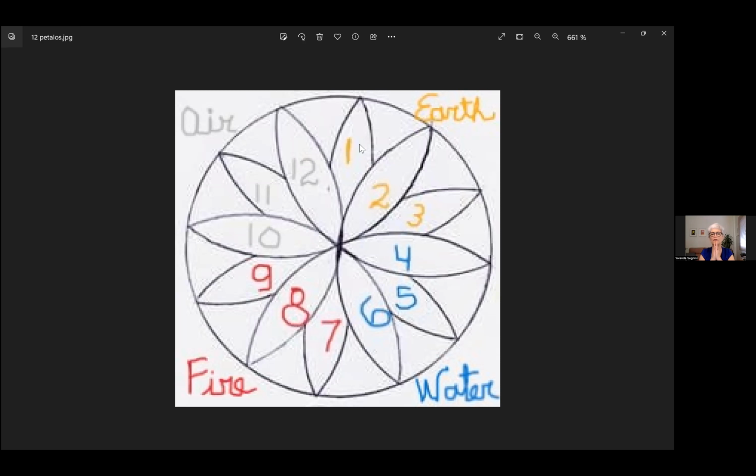And this leads us to the first portal of the element air, which is called intuition.